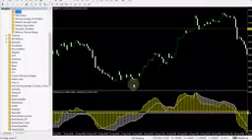We have the 0 level as well, and we make it a bit thick. That's it. So now we have our two MACDs together.